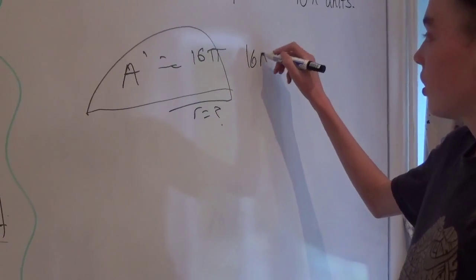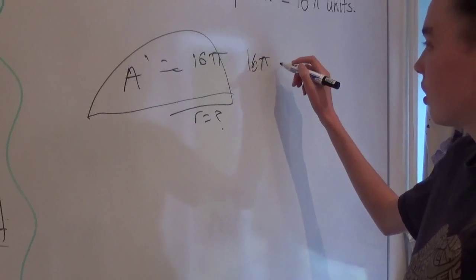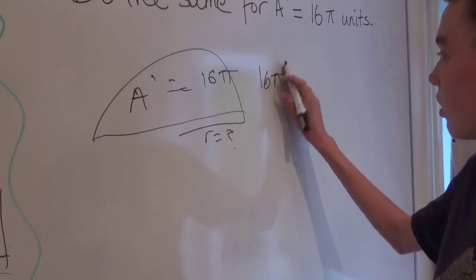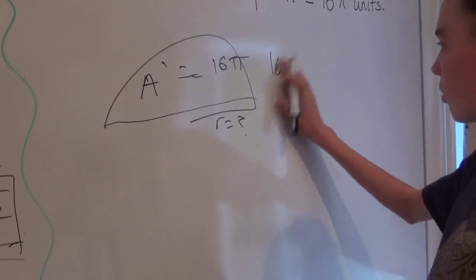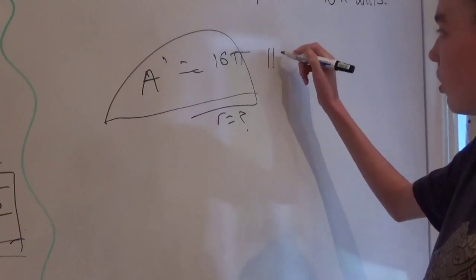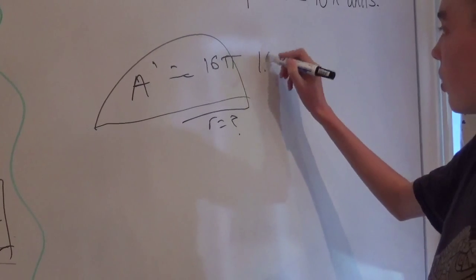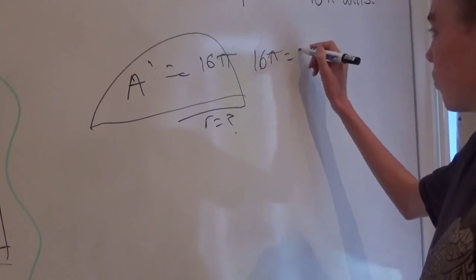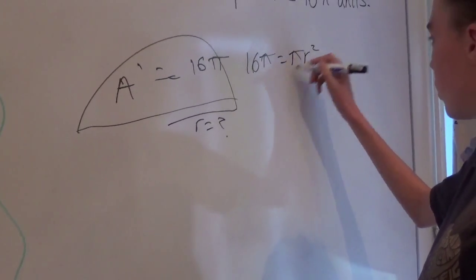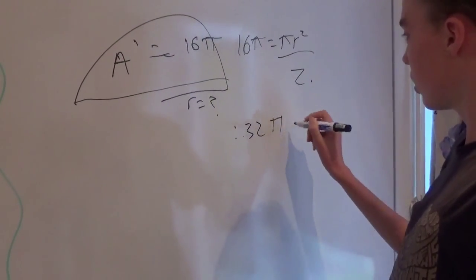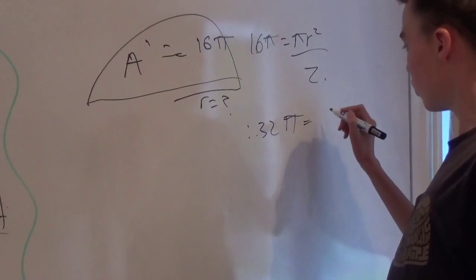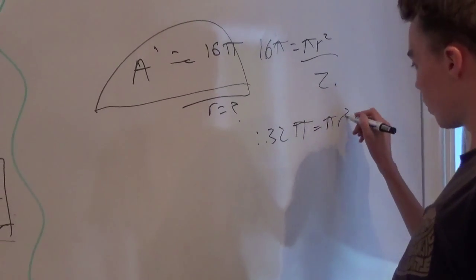So what we do is 16 pi equals pi r squared over 2, therefore 32 pi equals pi r squared.